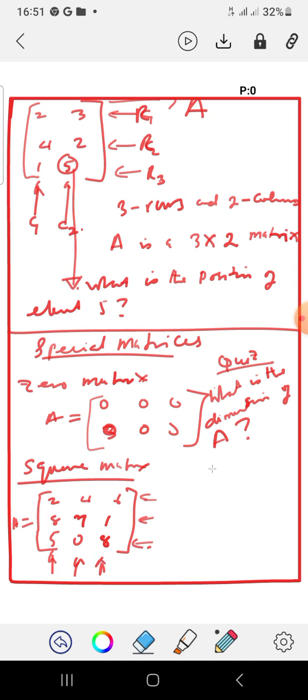So it has the same number of rows and the same number of columns. So a square matrix contains the same number of rows and columns. That is the definition of a square matrix. I think that is understood. Maybe I should reduce the thickness.